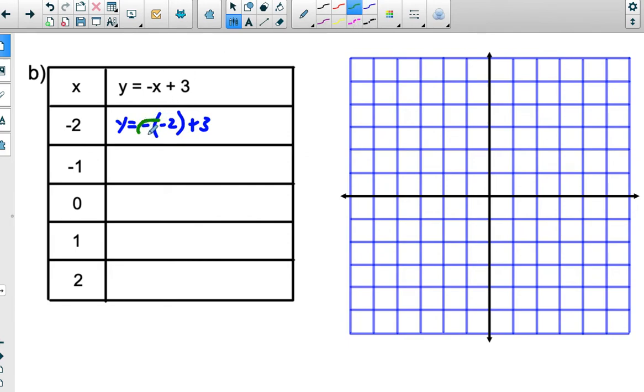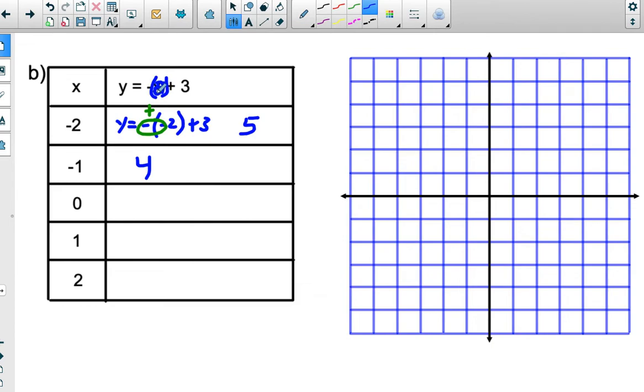Of course, when we do these signs, a negative and a negative make a positive. So 2 plus 3 is 5. When we sub -1 in, -(-1) is +1. So 1 plus 3 is 4. If I also sub a 0 in here, -0 is 0.